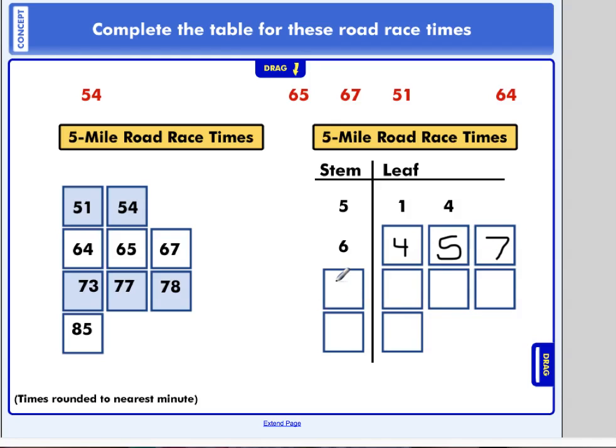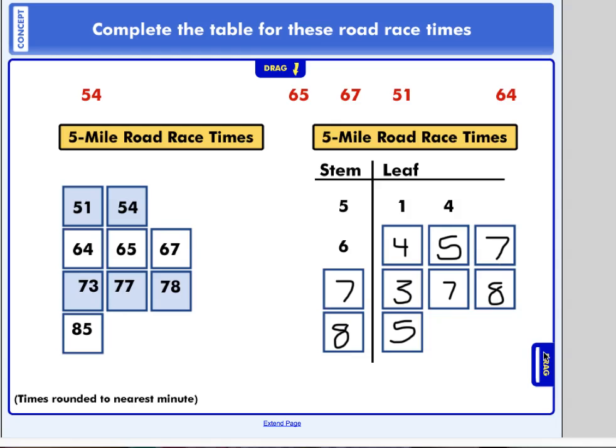Then we need to represent our 70s: 73, 77, 78. And finally, we represent our 80s: 85.